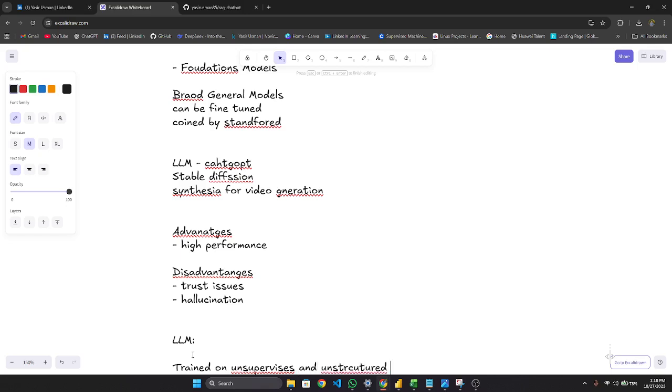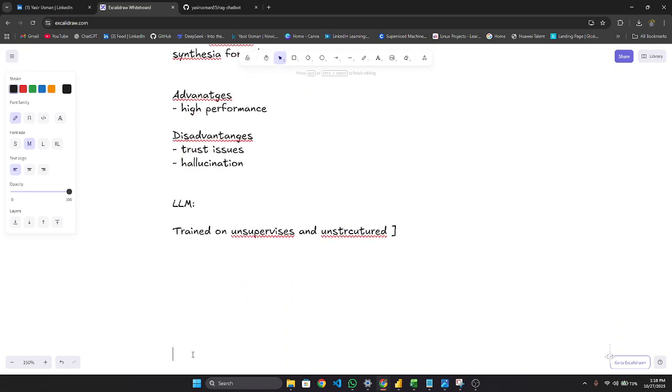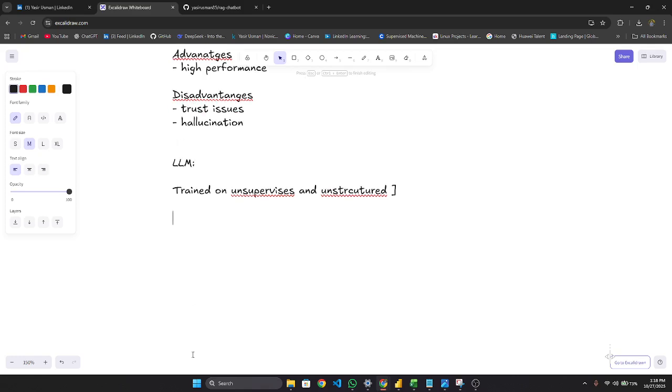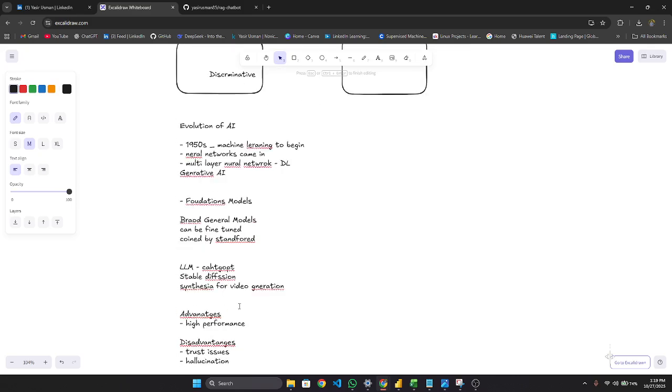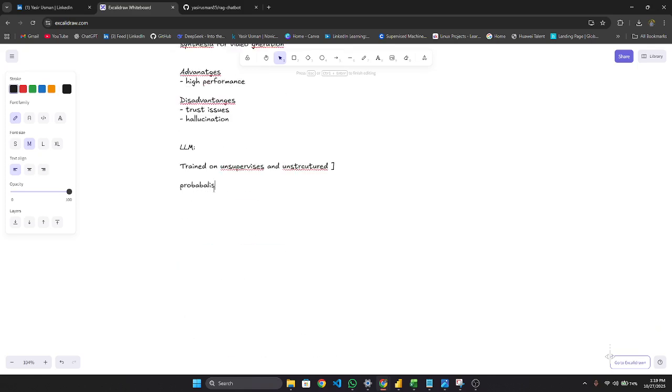They were basically trained by scraping the web, and due to that, much of the data on the internet is not filtered. Their basic task is that they are probabilistic models, so they predict the next word, and can later be fine-tuned according to our requirement.